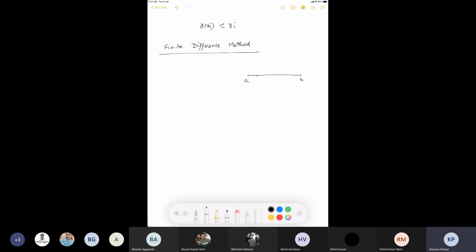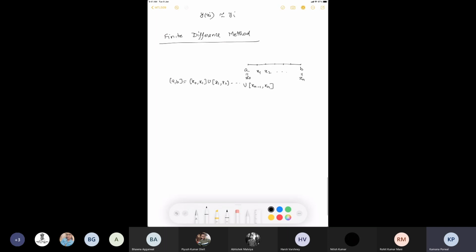We are going to discretize it into subintervals. So we write [a, b] as [x0, x1] union [x1, x2] and so on up to [x_{n-1}, x_n].